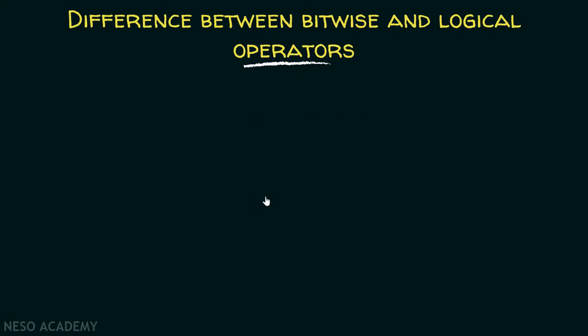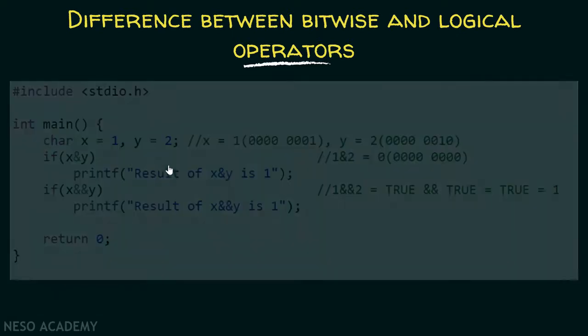Now let's try to consider the difference between bitwise and logical operators in general. I'm going to provide you one example which is enough to understand the difference between bitwise and logical operators. In this example, we will talk about the difference between bitwise AND operator and logical AND operator, and the same concept is applicable to the other operators as well.